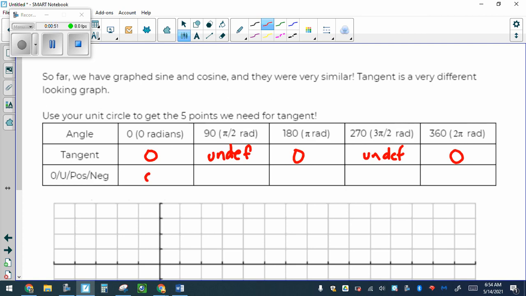All right, so when we write in our zeros, positives, and negatives, 0 is certainly easy. Undefined is certainly easy. Now, for tangent, technically, we should be graphing extra ones to kind of get the shape of it, but I'm going to just write these in. 0, and then between the 0 and the first undefined is positive.